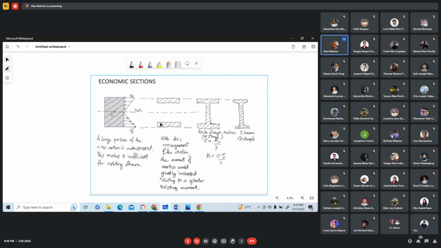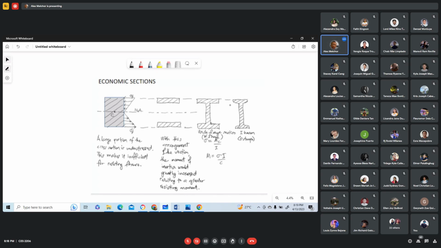Now, it's not practical that we have this kind of section, so we need to join these two. That is why we have now this middle part, which we call the web section.